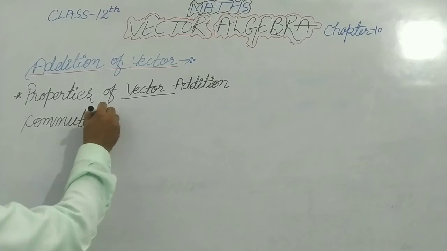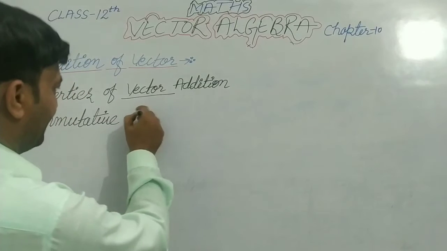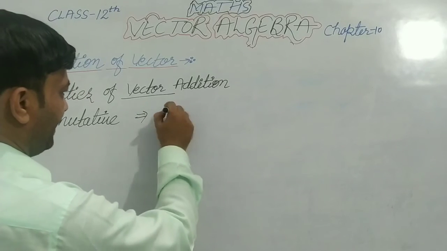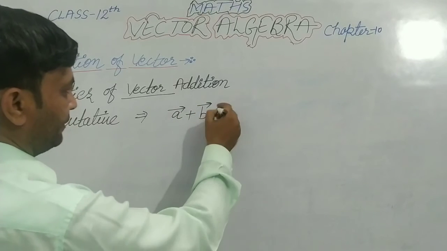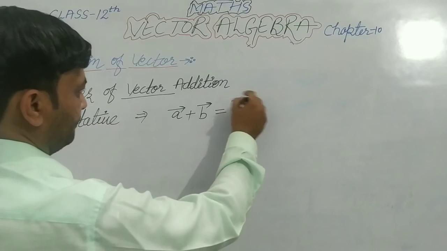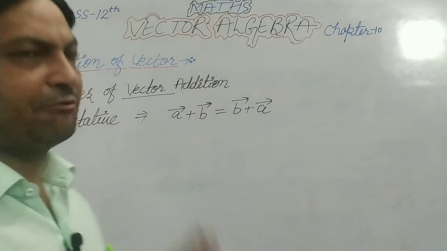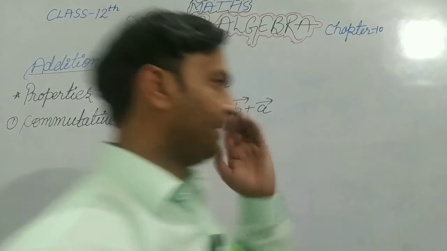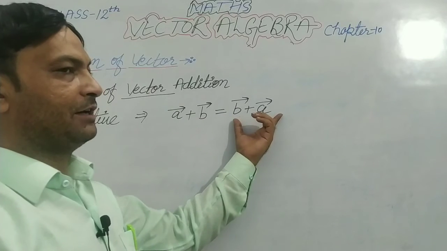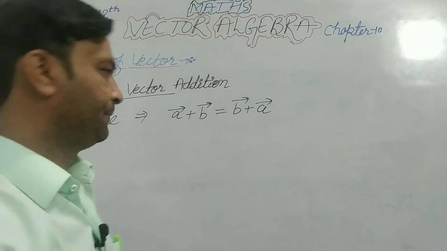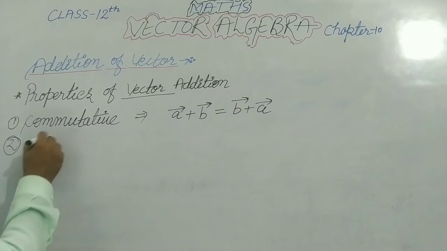In commutative we have two vectors. If we have vector A and vector B, the sum of the two vectors equals vector B plus vector A. It is the commutative property, we know very well about that. If A plus B must equal vector B plus vector A. Now the second one is associative.